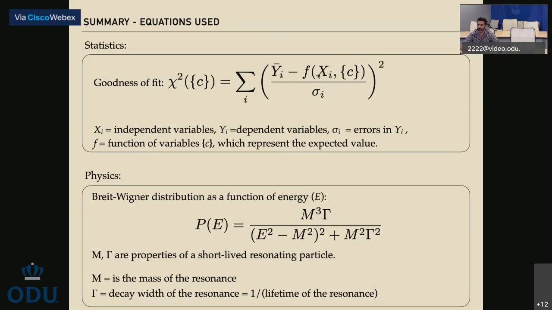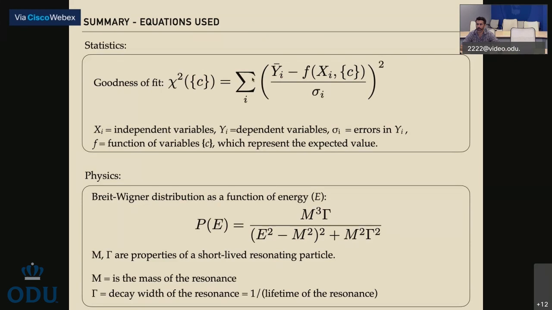And f depends on your independent variables, xi, in this case the energies. But it also depends on some parameters, these c's. So there are some parameters that you input into your functional form, into the function that you expect the data to satisfy. The sigma i's are the errors of your data, and so each yi has an error of sigma i.